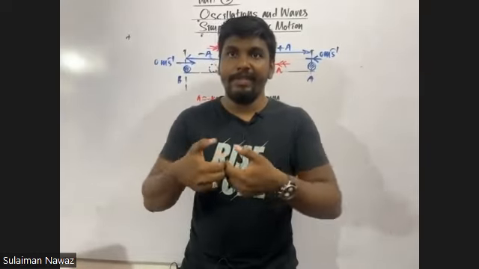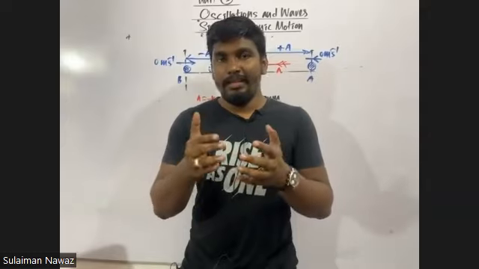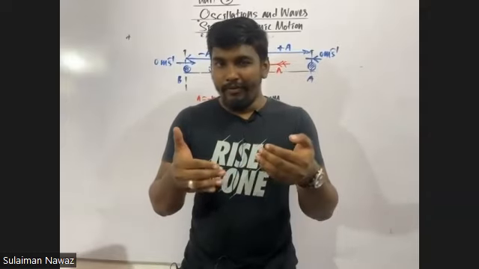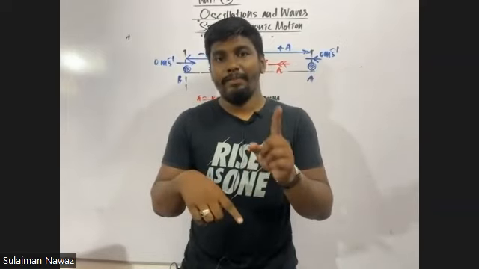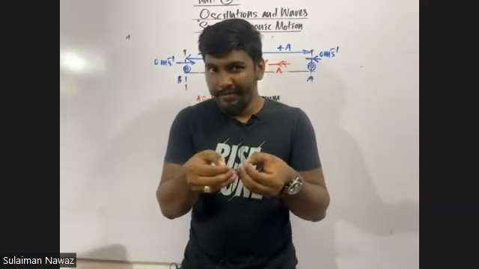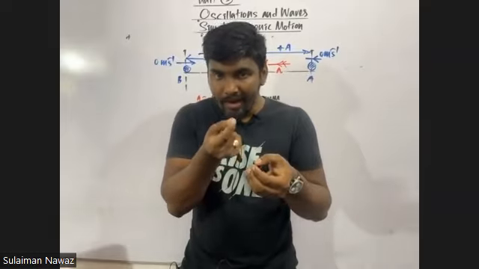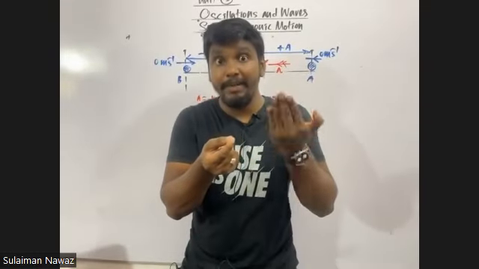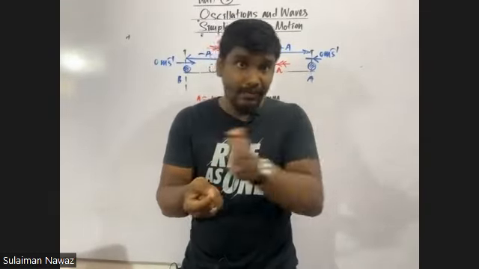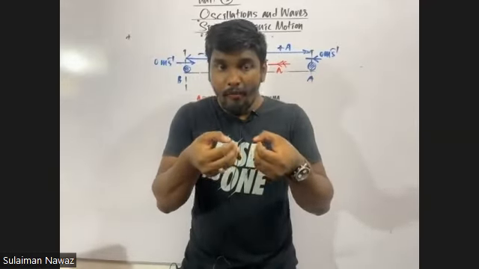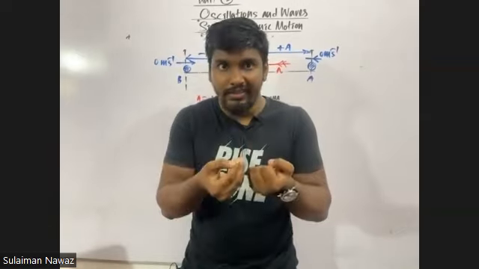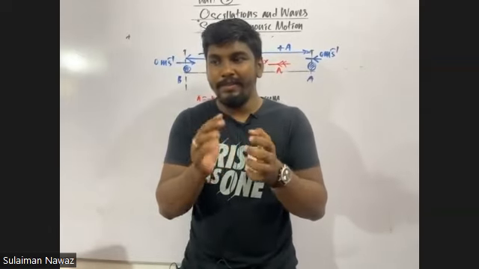But in oscillations, what is frequency? The number of oscillations per unit time is what we call frequency. That means every 1 second, how many oscillations are happening? How many times is the object repeating the motion? That's what we call frequency.